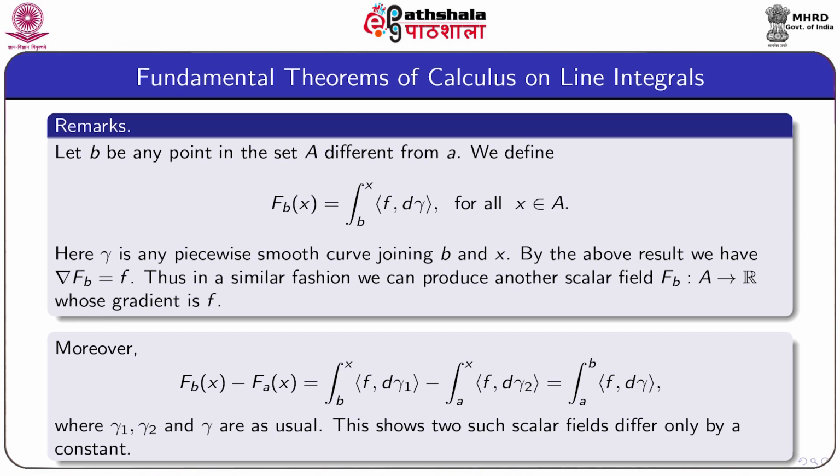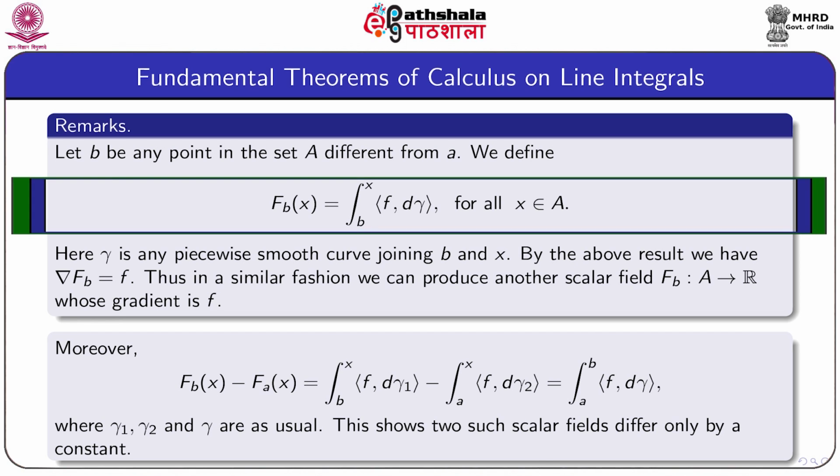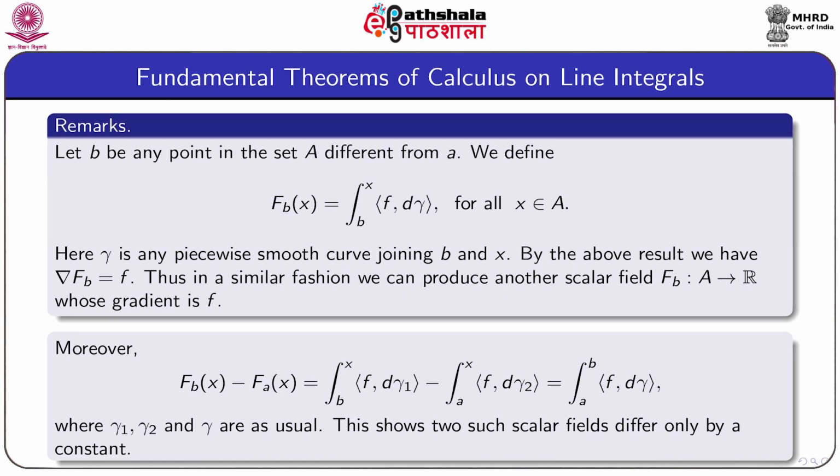We define another function f_b(x) by the line integral from b to x of f dγ for every x in A. Here γ is any piecewise smooth curve joining b and x. By the above result, we find gradient of f_b equals f.